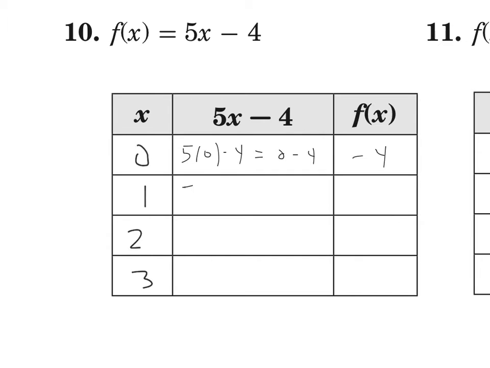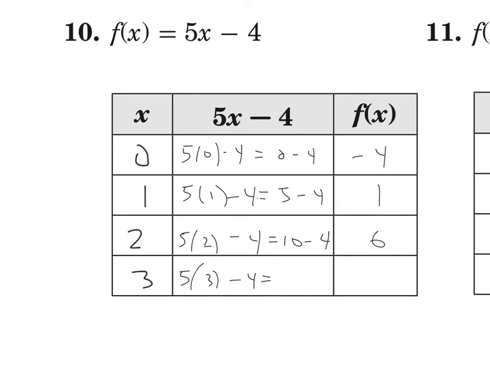Then we would do 5 times 1 minus 4, which is 5 minus 4, which is 1. Then 5 times 2 minus 4, that's 10 minus 4, which is 6. And then we have 5 times 3 minus 4, which is 15 minus 4, which is 11.